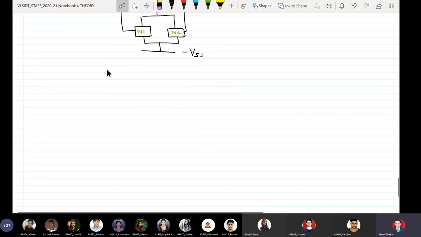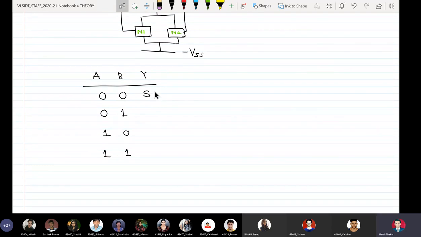And if we actually analyze this particular circuit diagram, then we'll obtain these things: 0 0, 0 1, 1 0 and 1 1. So for 0 0 we have to get a strong 1, strong 0, strong 0 and strong 0.